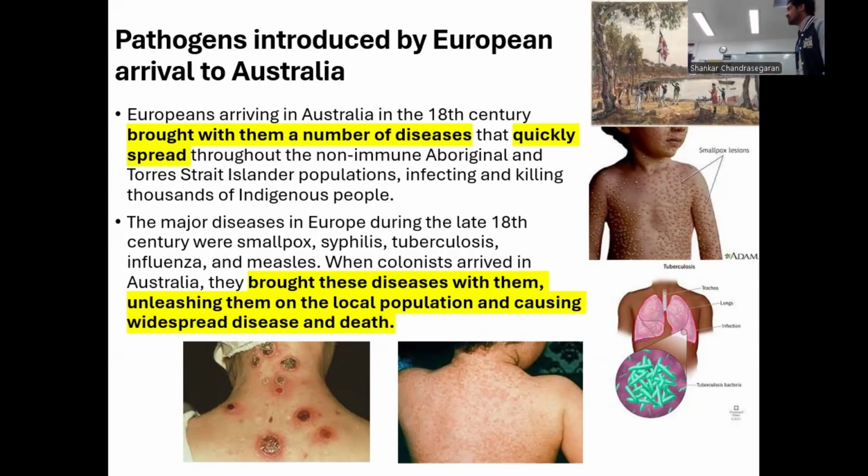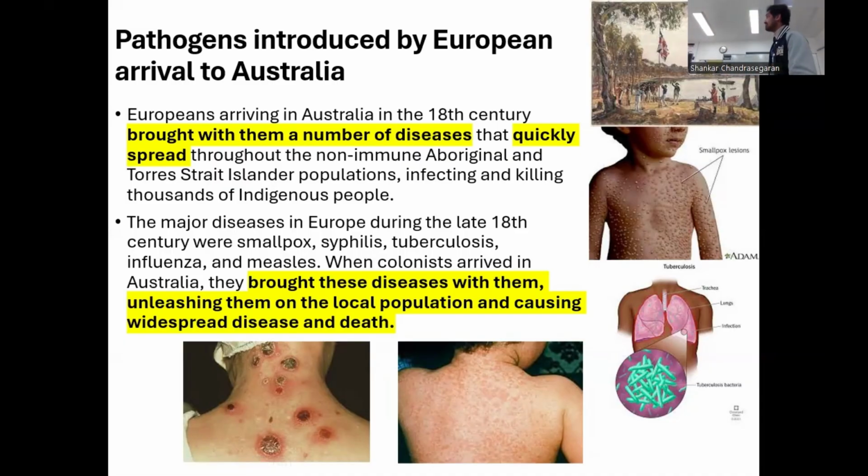So let me try to point this out. Europeans arriving in Australia in the 18th century brought with them a number of diseases that quickly spread through the population, because the population that they were looking at in Australia were not immune to a lot of these diseases and pathogens that the Europeans brought in. So, for example, smallpox, syphilis, tuberculosis, influenza, measles.